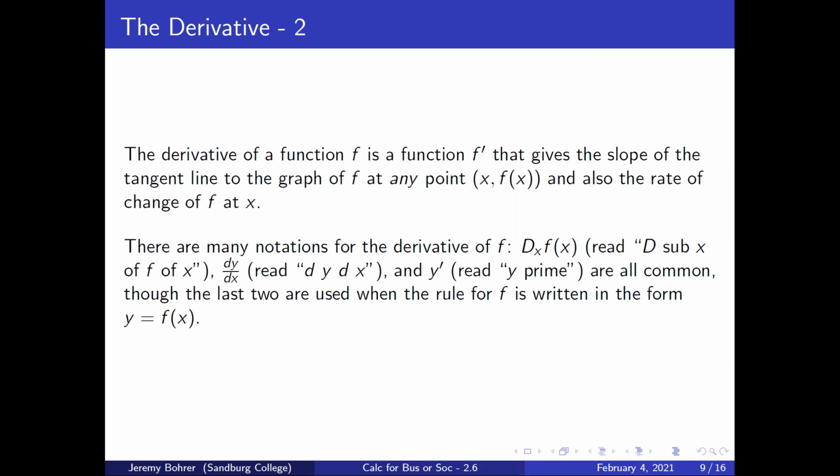The derivative of a function f is a function f prime that gives the slope of the tangent line to the graph of f at any point (x, f(x)), and also the rate of change of f at x. There are many notations for the derivative of f. D sub x f(x), dy/dx, and y prime are all common, though the last two are used when the rule for f is written in the form y equals f(x).